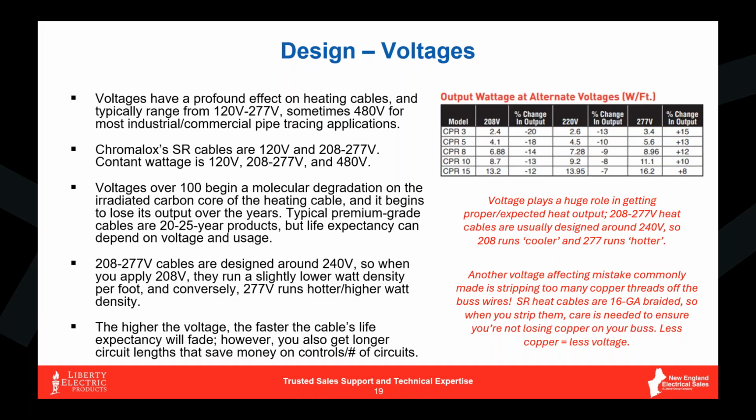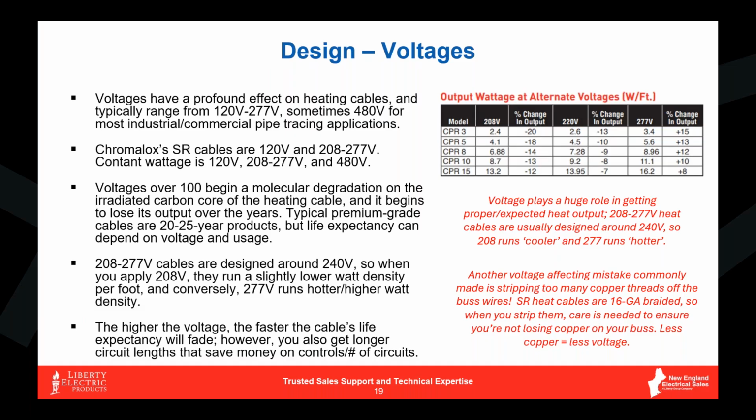The molecular degradation that happens on a self-regulating cable begins at 100 volts, AC or DC. So at 120 volts, you're really not all that abusive on the heat energy being applied to that irradiated carbon. And generally a 120 volt cable will last a little longer than its 208 to 277 volt counterparts.